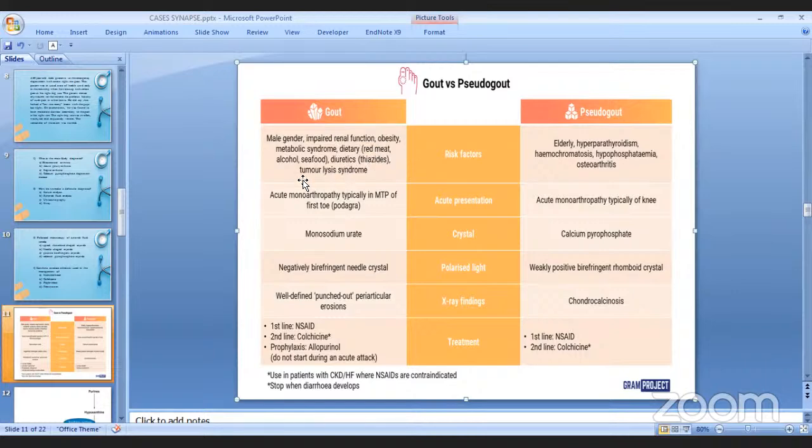Obesity मा हुन सक्छ, metabolic syndrome मा हुन सक्छ, or if a person is consuming too much red meat, alcohol, seafood है. Also gout is related to thiazide diuretics है, tumor lysis syndrome मा.